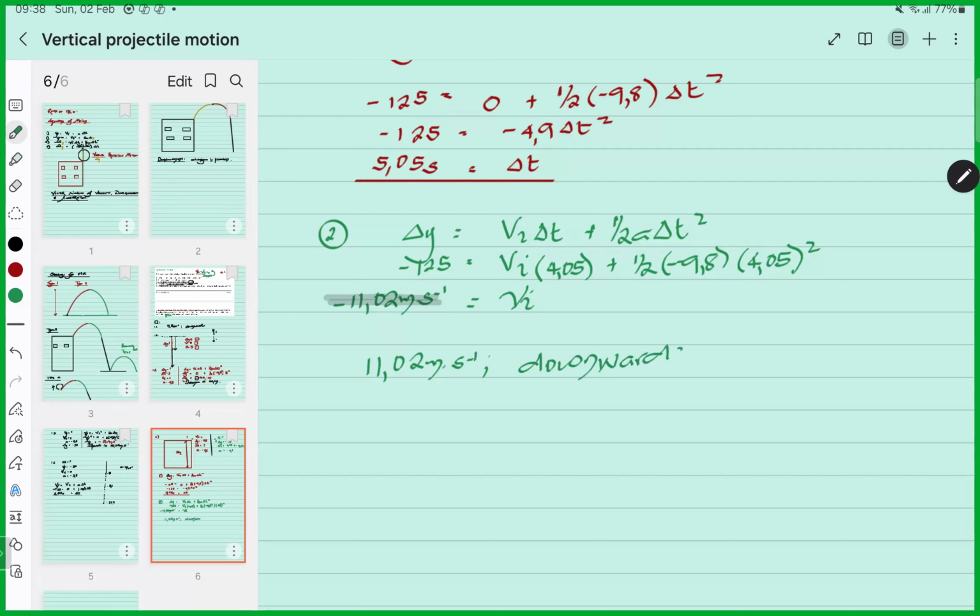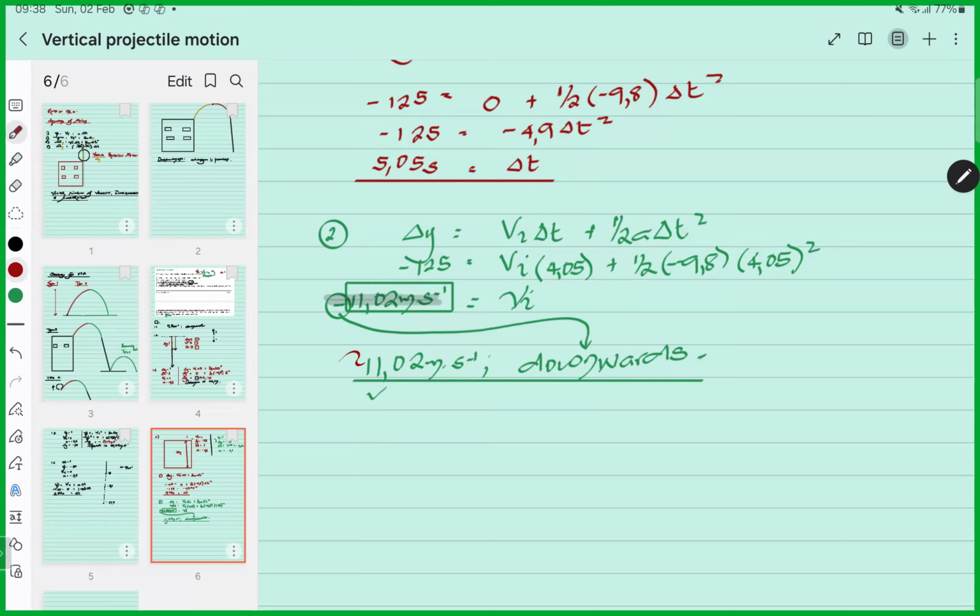Now, I want to also just quickly point out something that I'm starting to notice with grade 12 learners. This minus here is an indicator of your direction, which we've written down in words there. This part here is your magnitude.